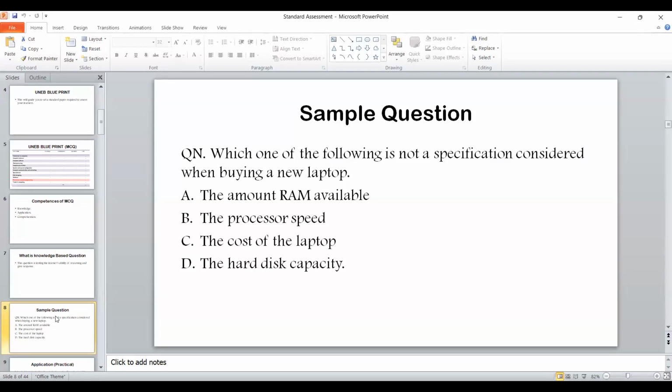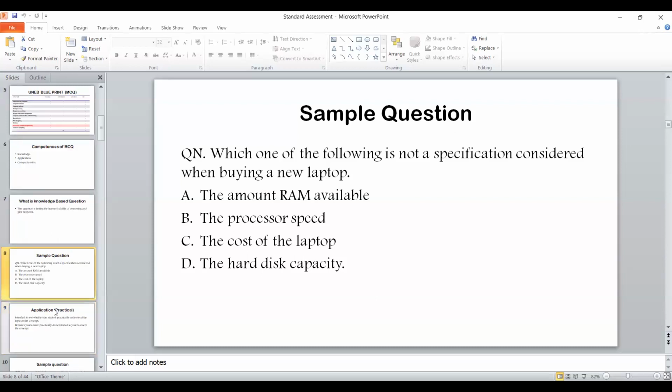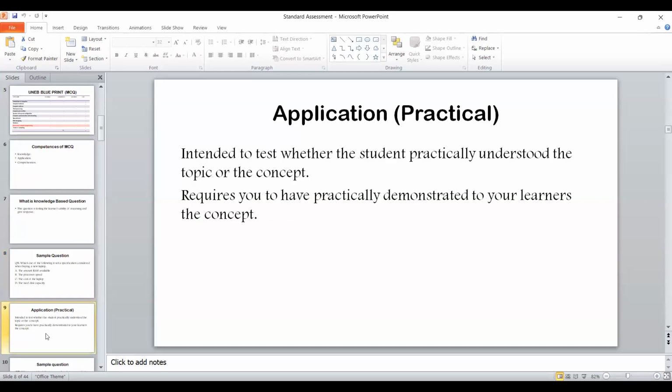You cannot say the cost of the laptop, that is not a specification. The durability of the laptop, the security, those are not specifications. So such a question is testing the learner's ability of reasoning. So 7 questions must be testing the learner's ability of reasoning in the multiple choice questions.